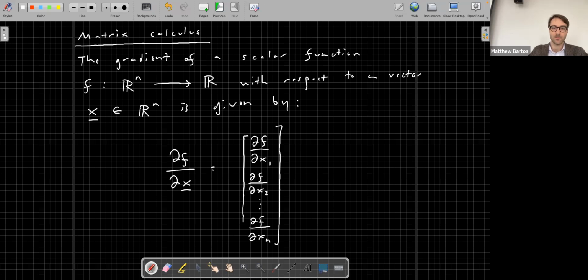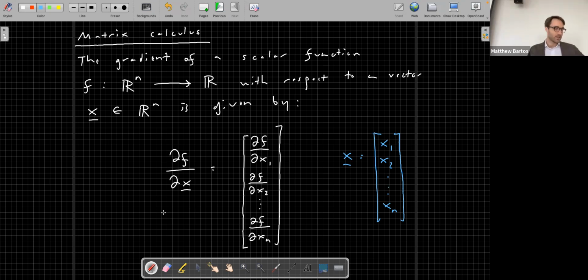So this is the definition of the gradient of a scalar function with respect to a vector. We just take the partial derivative with respect to each element of x. And just to be clear, x here is equal to x1, x2, and so on, all the way through xn.